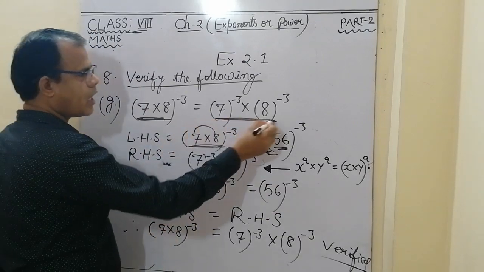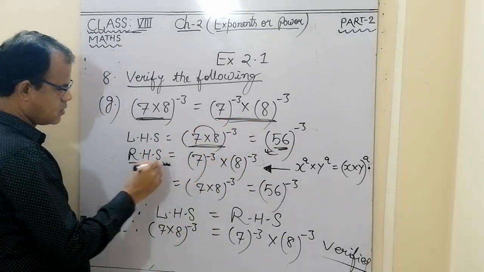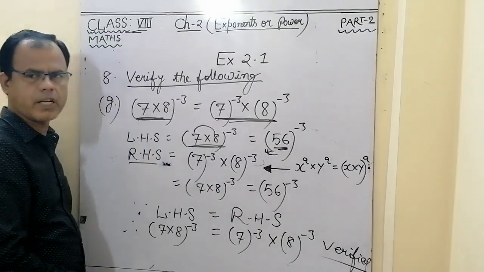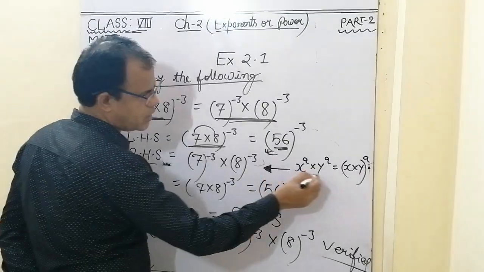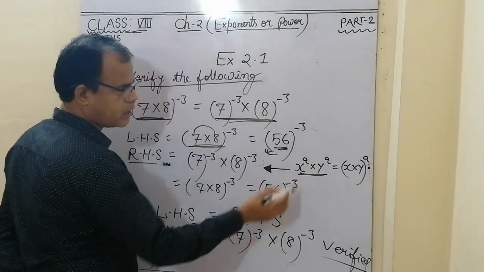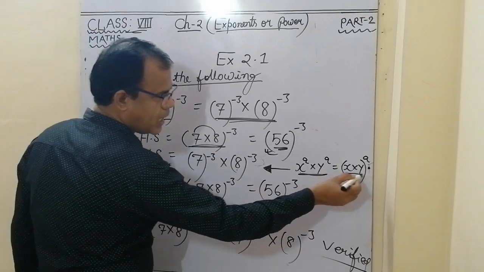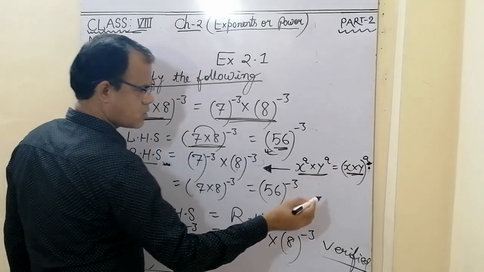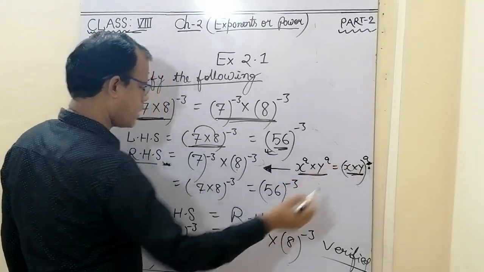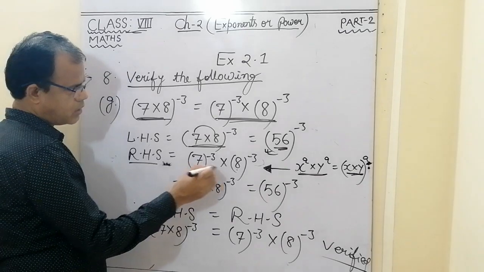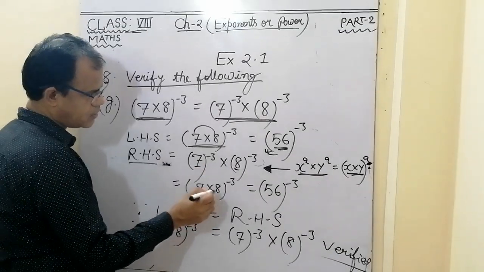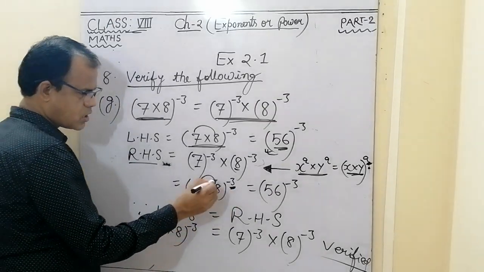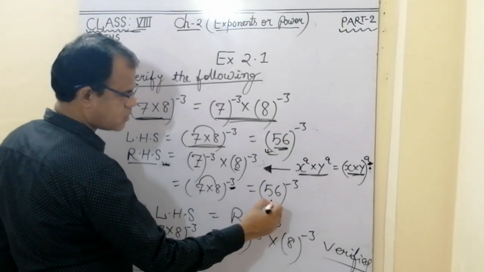Now we have to solve the RHS part. RHS is 7^(-3) multiplied by 8^(-3). So look here, this is the identity. If the bases are different and the powers are same, then we multiply the bases and raise the whole to this power. So x^a times y^a equals (xy)^a. So when we multiply the bases, 7 multiplied by 8, and put here the power minus 3, 7 eights are 56 raised to the power minus 3.